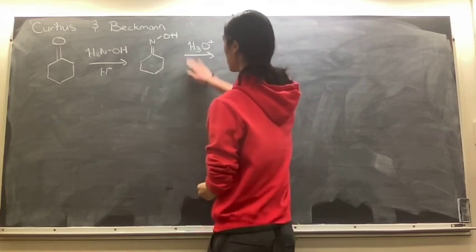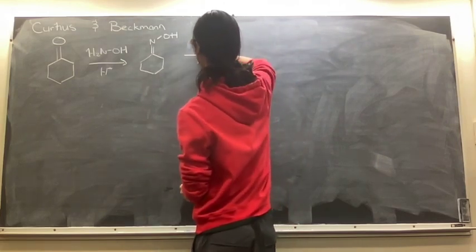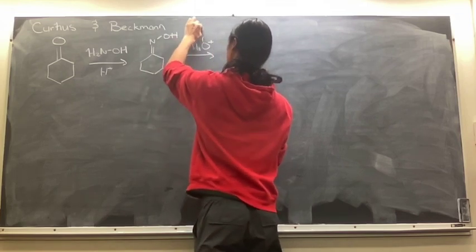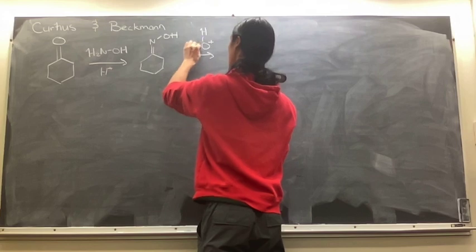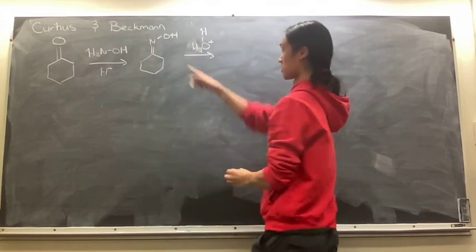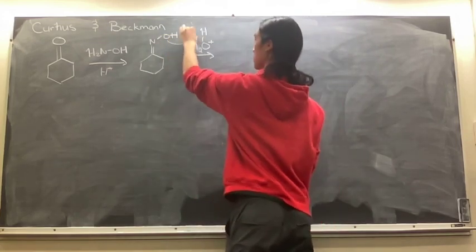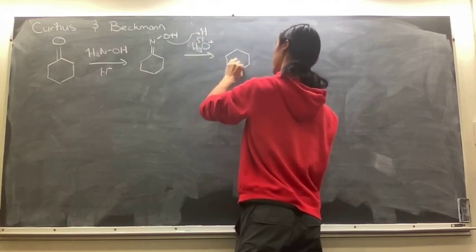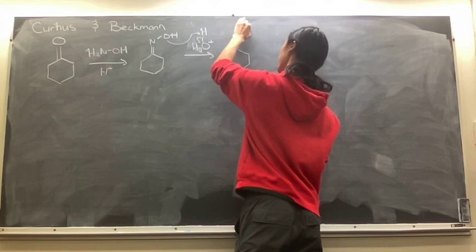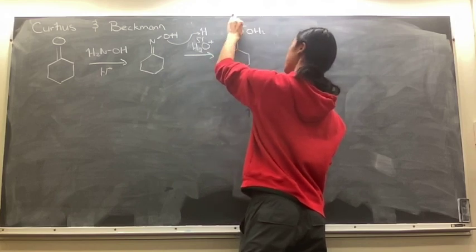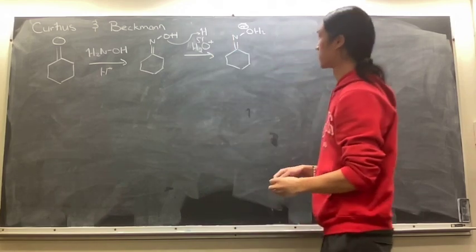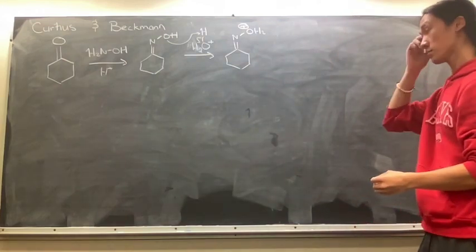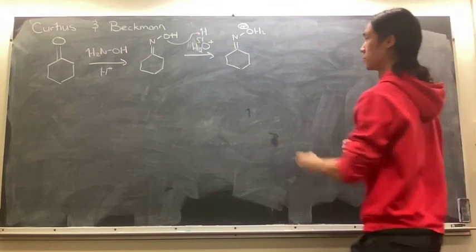The first thing we're going to do is we're going to protonate this oxygen. We're basically making this a leaving group. Now we have a good leaving group, the water, and we're going to kick it off, which is kind of crazy.